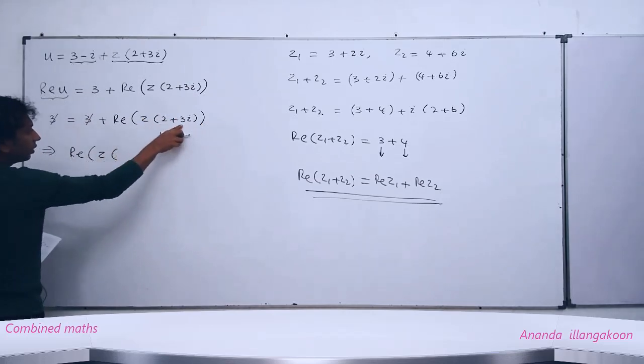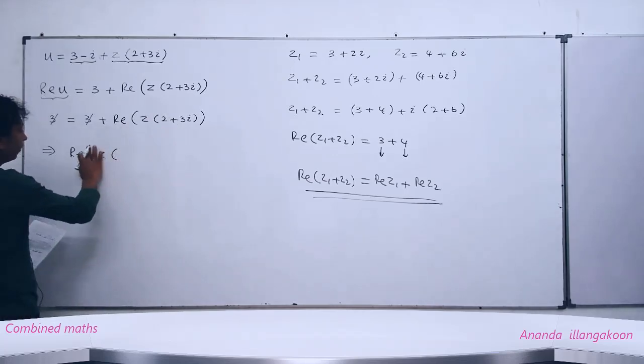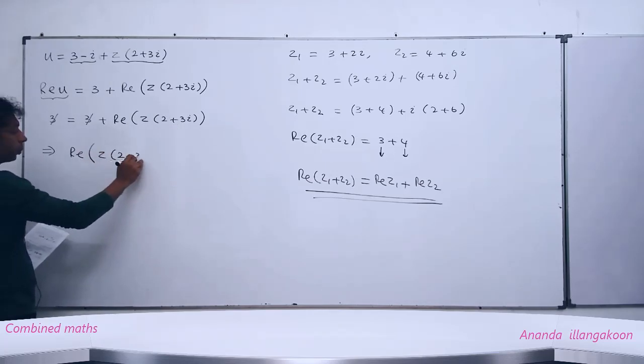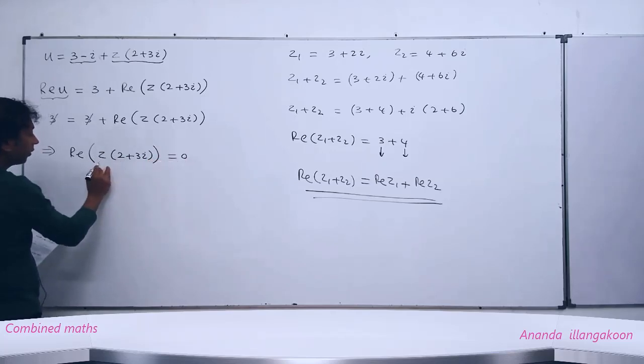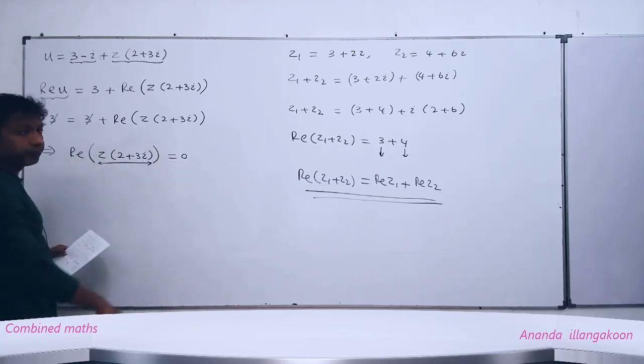This is a complex number. This is a complex number. Z times (2 plus 3I) is a complex number. Their product is another complex number. This is 0. Then this is a complex number, right? Of this complex number, the real part is 0.